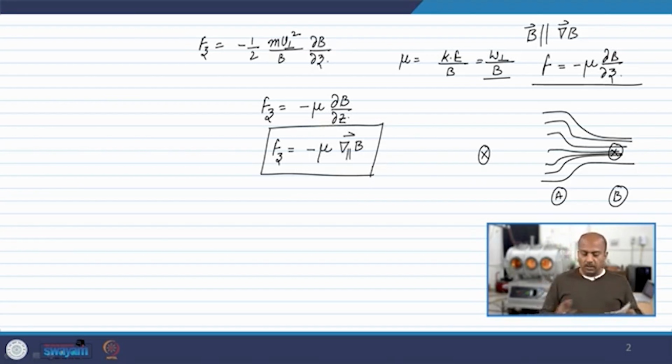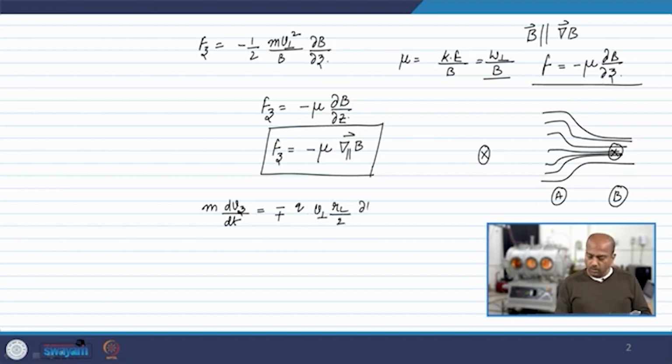Okay. So, let us say we start by conserving the energy. We will write the force as m dvz/dt equals minus plus q v perpendicular RL by 2 ∂Bz/∂z. How did I get this expression? This is the original expression.